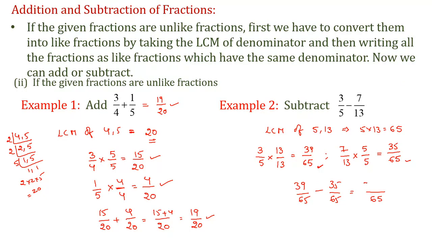Subtract the numerators. 39 minus 35 is equal to 4 by 65. So this is the procedure to find the sum or difference of the given two fractions. This is the procedure for addition and subtraction of unlike fractions also.